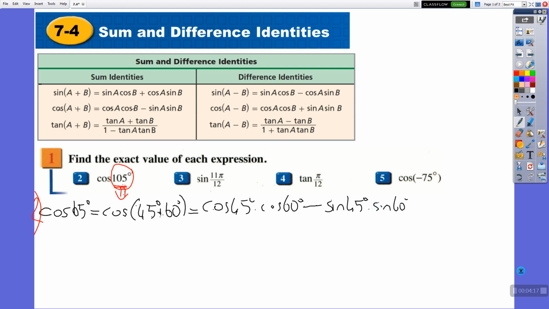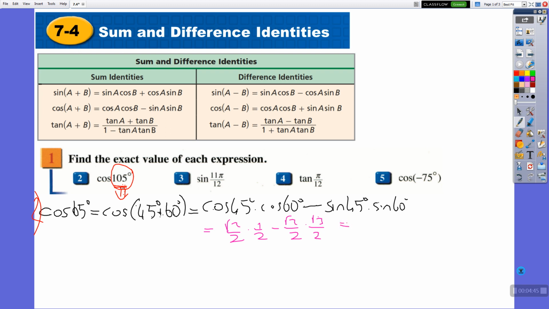Now let's write values of each trigonometric function one by one. So cosine 45, square root of 2 over 2. Cosine 60, 1 over 2, minus sine 45, square root 2 over 2, times sine 60, square root 3 over 2. Let's simplify that.